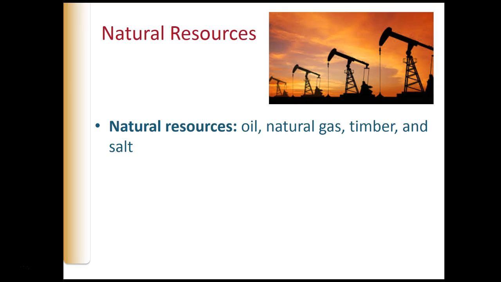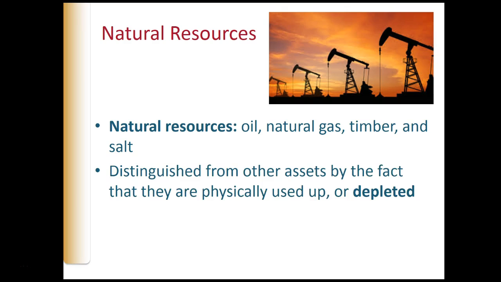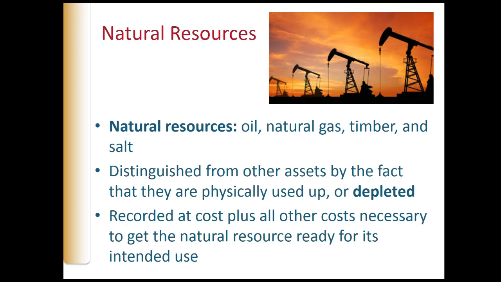Now, in addition to land, buildings, and equipment, some companies depend heavily on natural resources such as oil, natural gas, timber, and even salt. We distinguish natural resources from other property, plant, and equipment by the fact that we can physically use up or deplete natural resources.